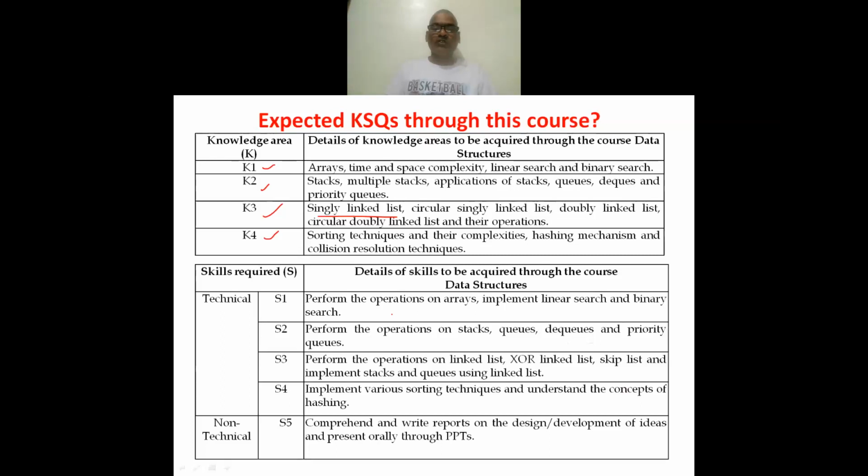They can develop code to perform different types of operations on linked lists as well as XOR lists and skip lists, and implement various sorting techniques. These are the different types of skills a student is able to acquire by learning this course.